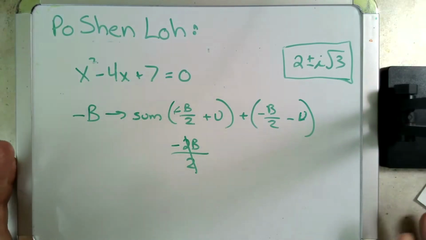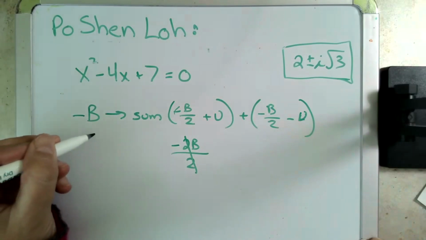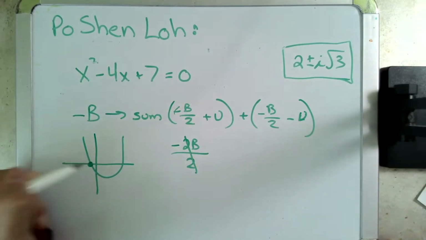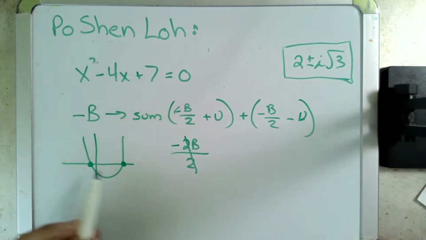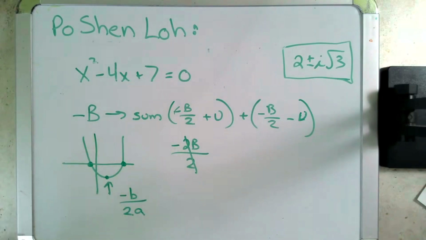Now, why did we start with that supposition? I like to think of it this way. We know that quadratic equations are parabolas, and we know that our two solutions to when our parabola equals 0 are equidistant from our vertex. And how do we find the x-coordinate of our vertex? Negative b over 2a.